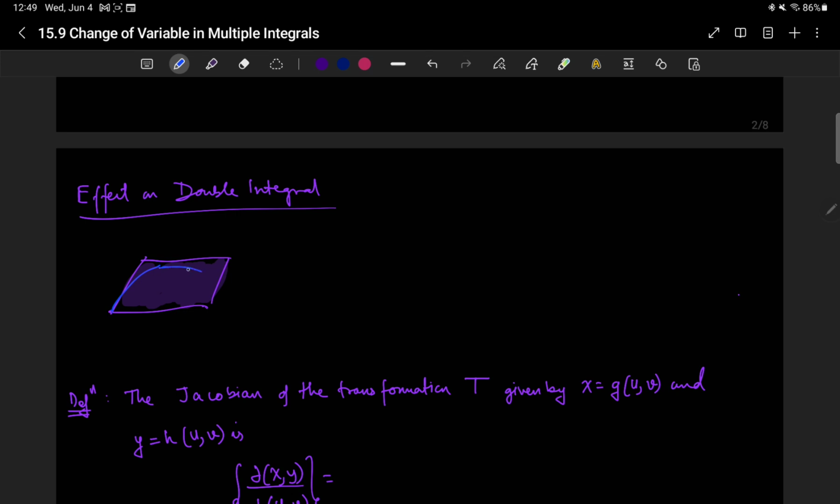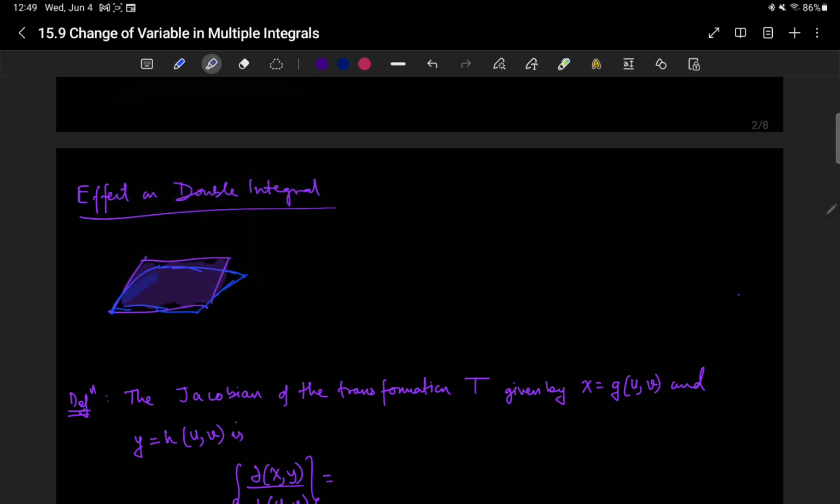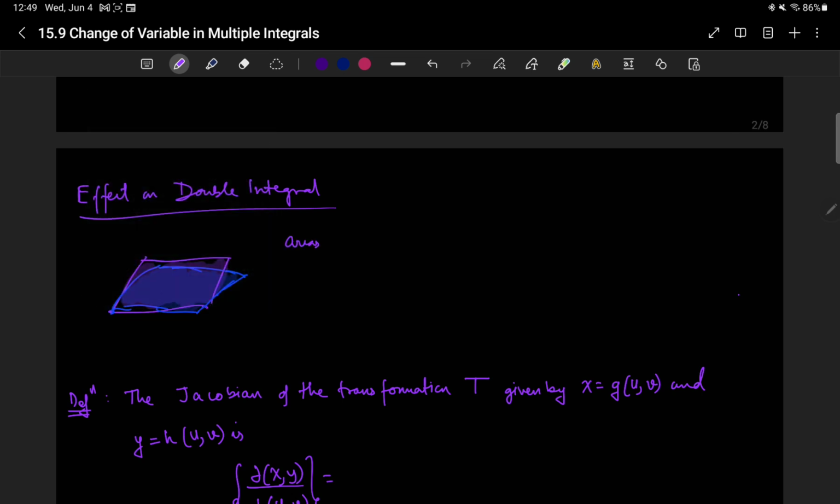So everything is a little bit curved. And we are going to use the power of approximation and the infinitely small particles that we have, which kind of cancels out everything. And we are going to estimate the area. We're going to say that the areas are almost the same.